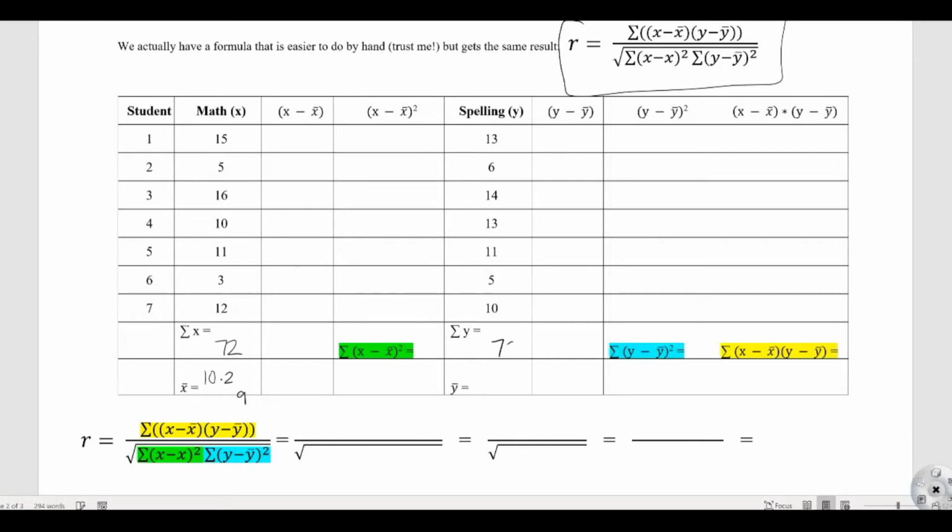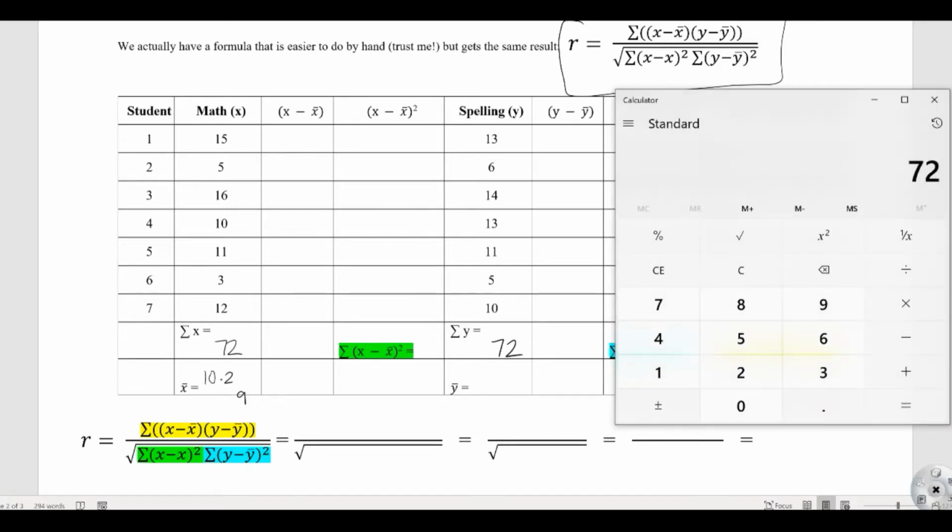I recommend if you're doing this by hand, always do it until you get the same answer twice. So I really should add these up again just to make sure it really is 72, and my fat fingers didn't just hit the wrong button. But I've done this before, so I know it's 72 and I know I got the right answer. So, 72, again, we have the same 7 students, so 72 divided by 7. We actually, in this case, have the same mean.